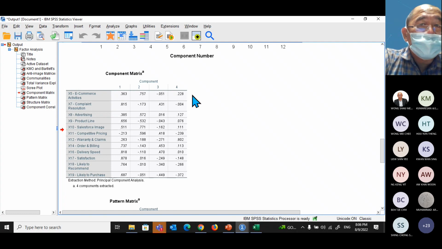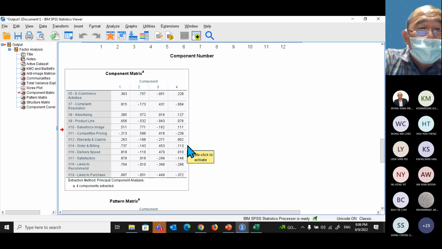But sometimes there is overlapping. Example, x9 or x10. Here we don't have a good example, but let's say we use 0.5. Then we have an example. So x9 overlapping means you don't know which factor x9 belongs to.